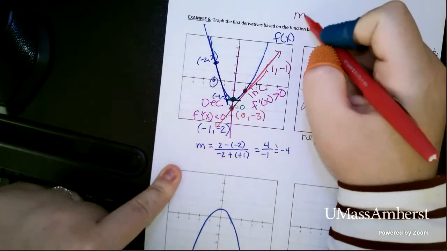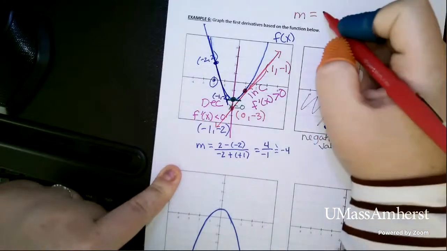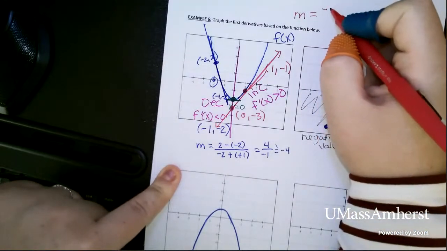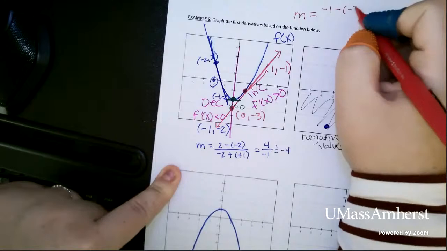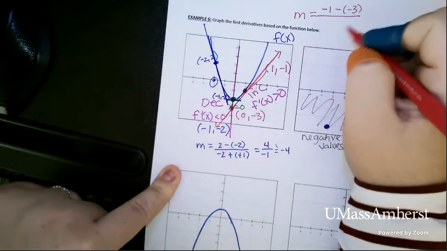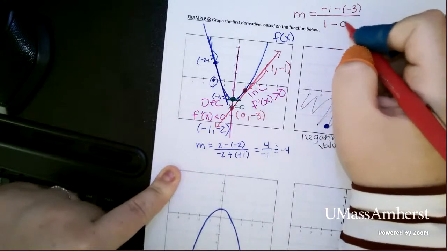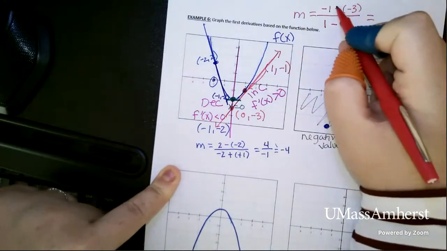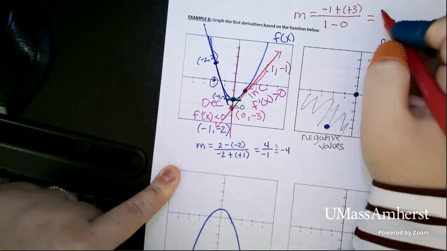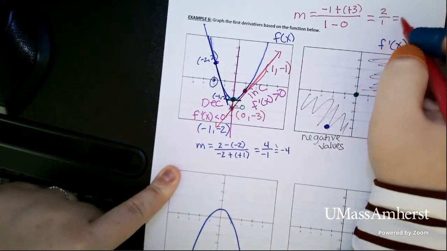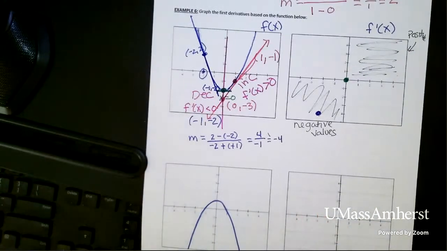So my slope here, change in y over change in x. So I'll have negative 1 minus negative 3. So that's here. I have to start with 1 on the bottom minus 0. Again, be careful with your negatives. Those are going to cancel. So I have 2 divided by 1, which gives me a slope of 2.